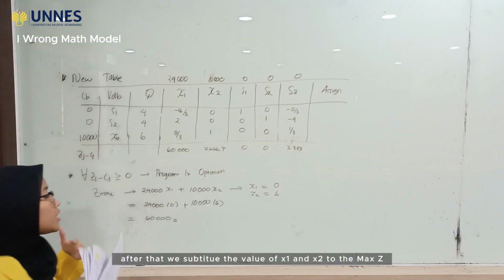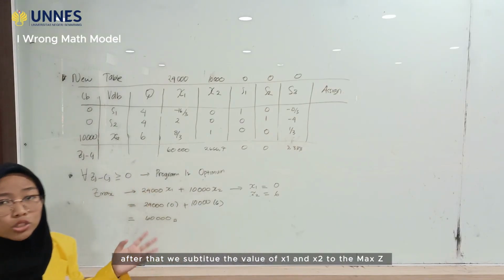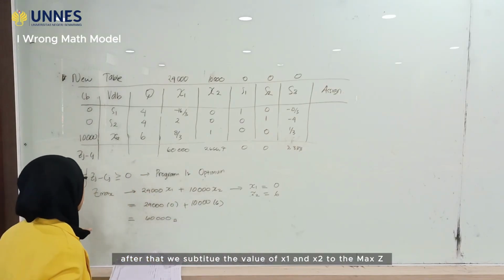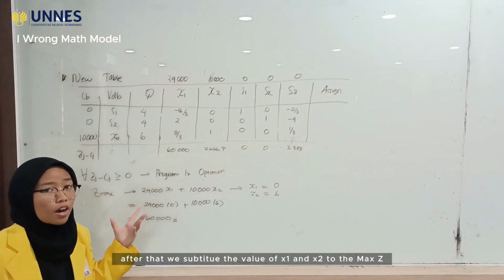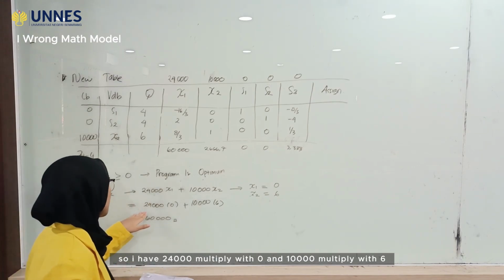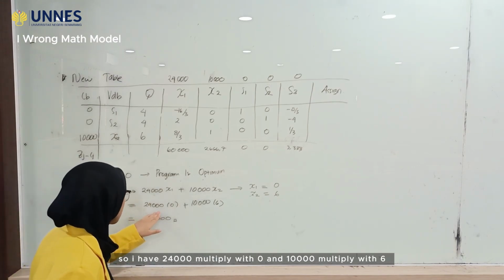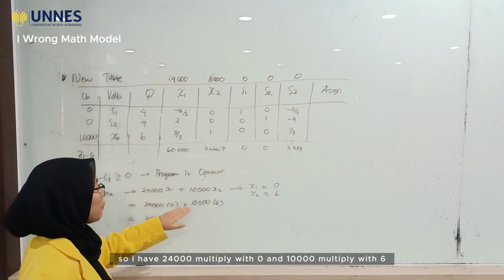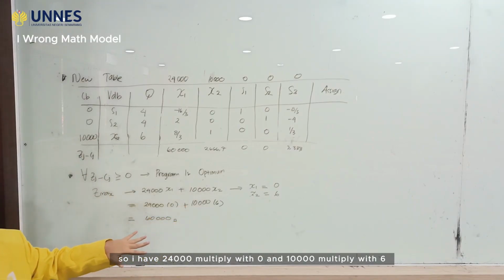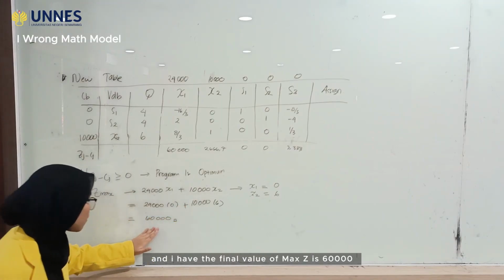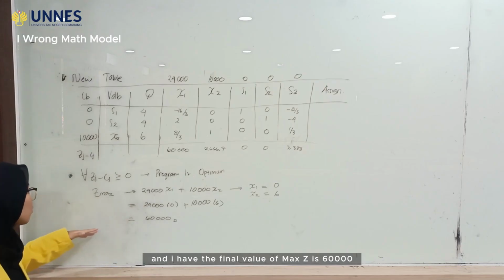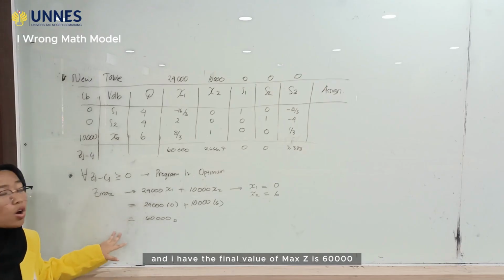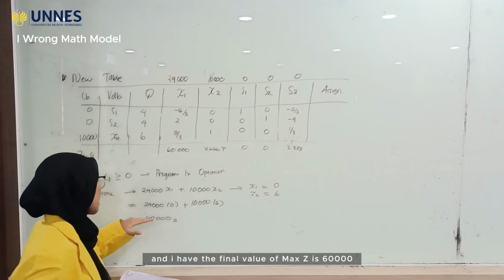After that, we substitute the values of x1 and x2 into the maximum value of Z. So I have 24,000 multiplied by 0 plus 10,000 multiplied by 6, and I have the final maximum value of Z is 60,000.